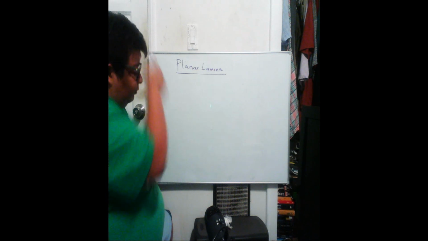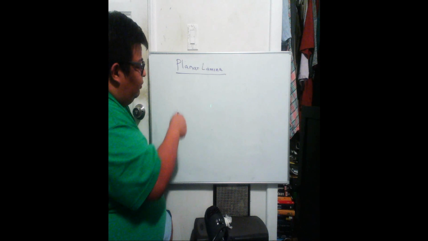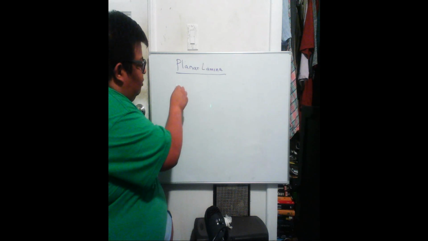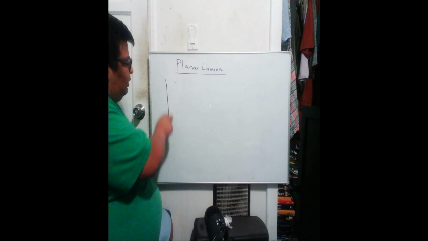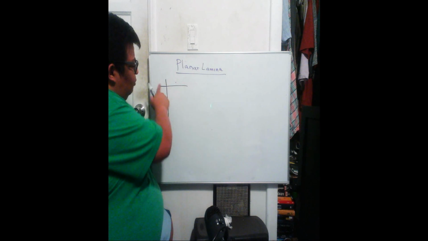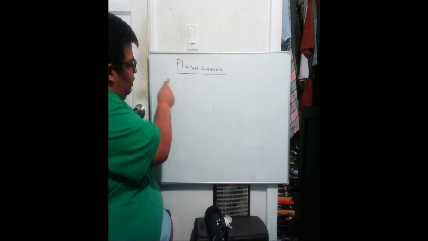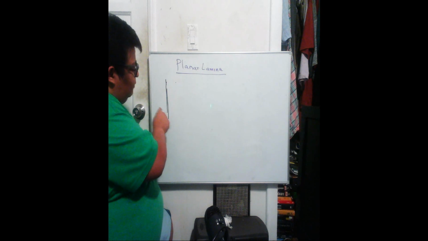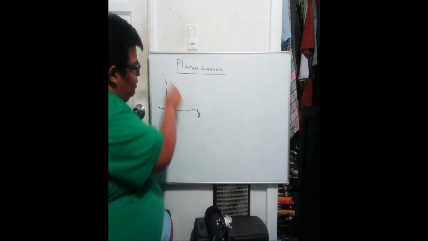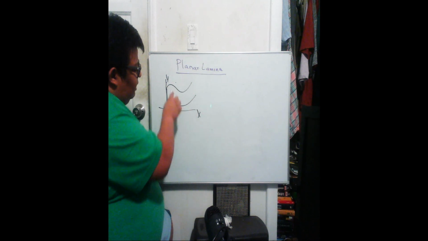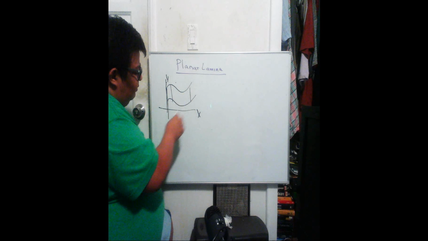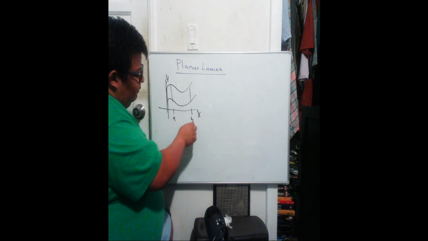If you remember, in the first video we talked about the mass of the planar lamina, an irregular shaped lamina. Let's say this is your x-axis, this is your y-axis, and you have your lamina here that goes from x equals a to x equals b.